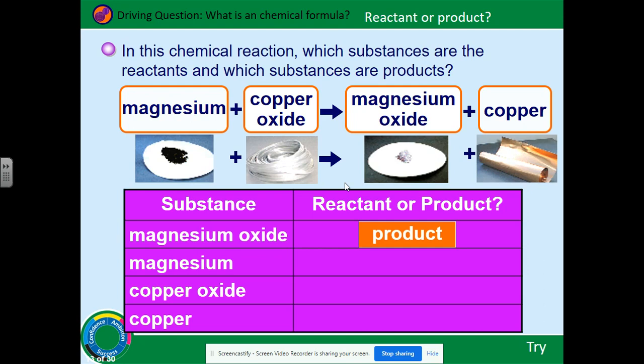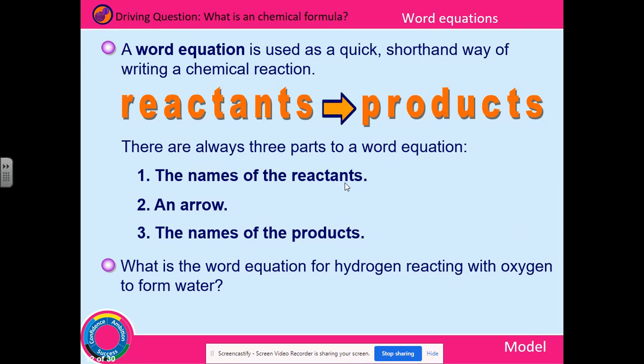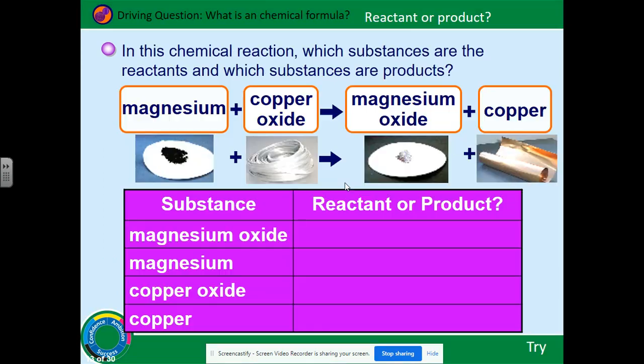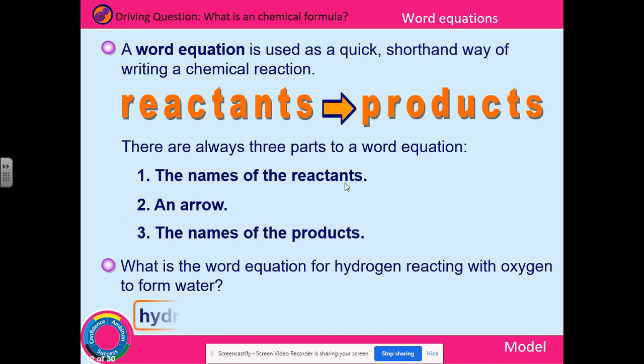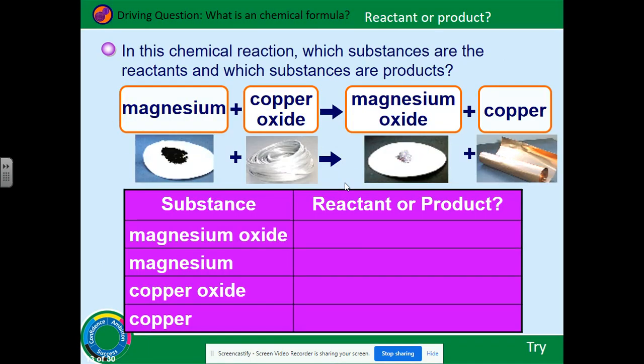To which side of the equation does it belong? Does it belong to the product side, or does it belong to the reactant side? So magnesium would be a reactant.